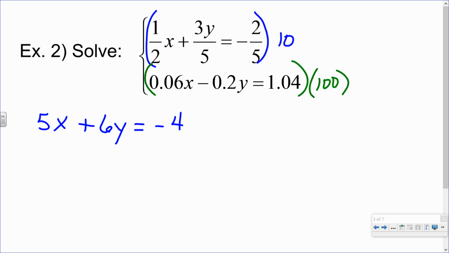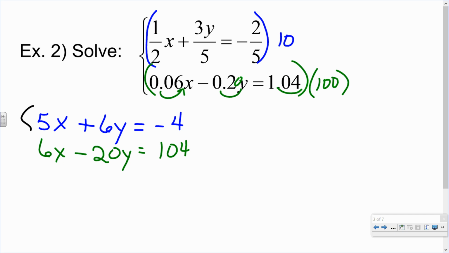Let's make sure we get the right equations as we go along. And then if I move this 2 places multiplying by 100, I have 6x. Need a placeholder there so I can move it twice, minus 20y. And move this one twice, and I have 104. So does that look like I have those 2 correct?